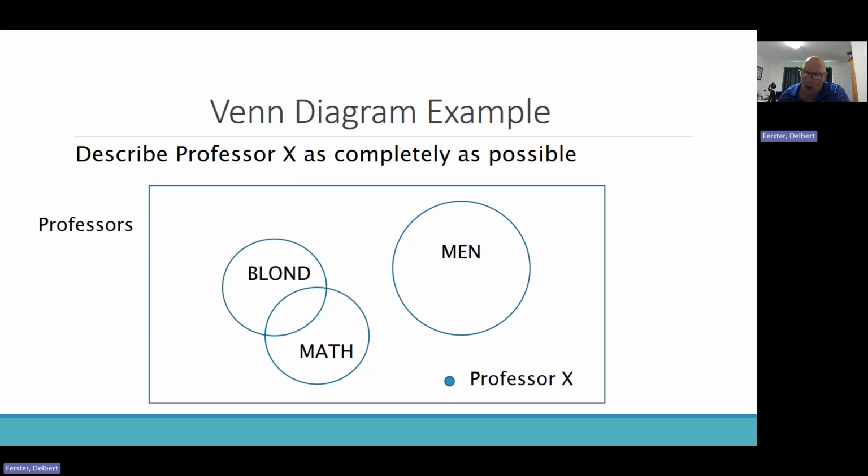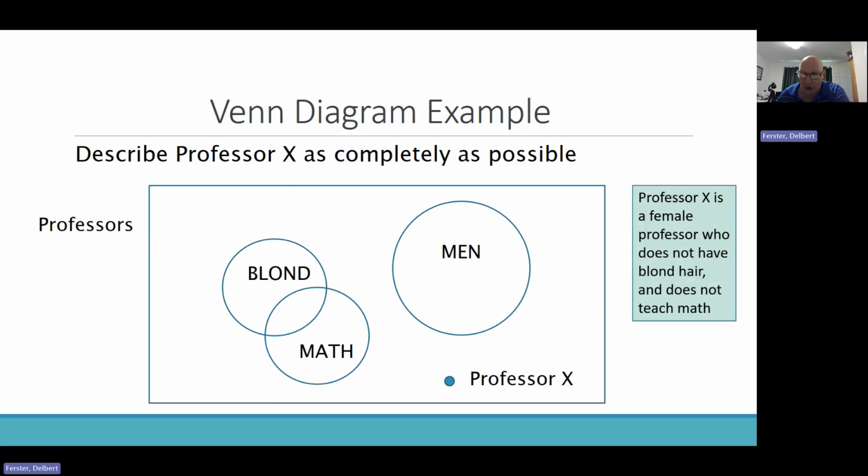So if you were to describe Professor X as accurately and completely as you could, looks like Professor X is a female professor, because everyone represented on this Venn is in fact a professor. So the fact that that person's outside the men's circle means that, okay, got a female, doesn't have blonde hair, and does not teach math.